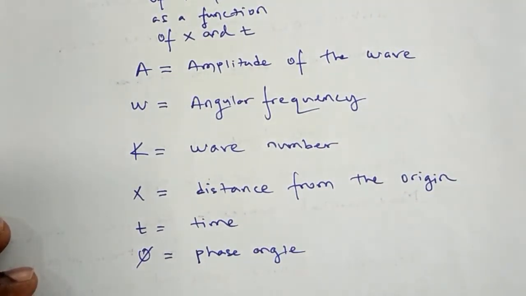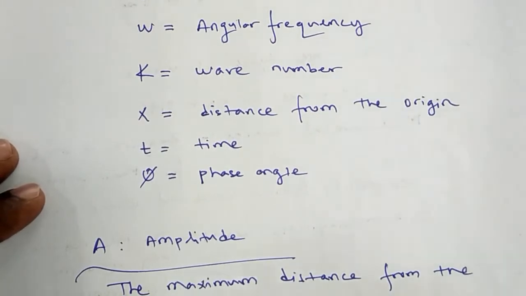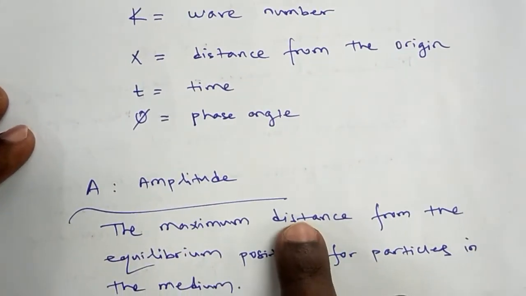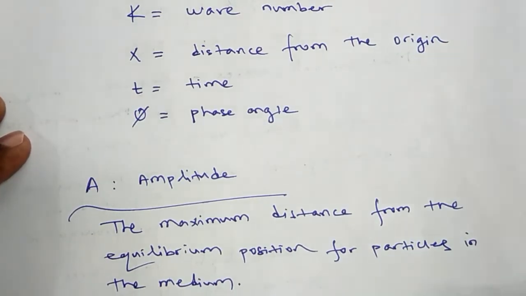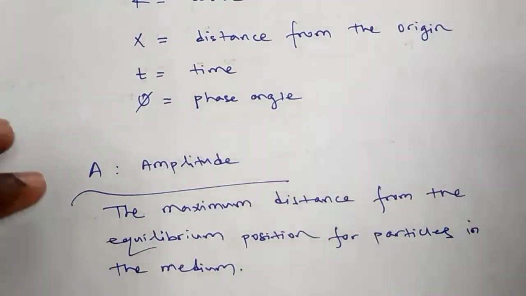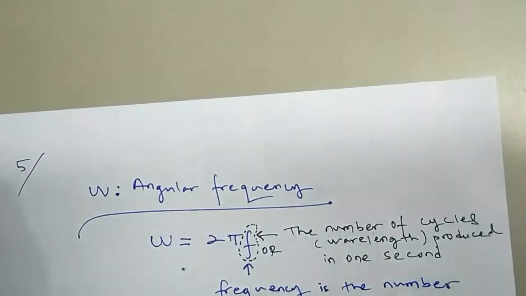Let us see the important definitions in this equation. We start with amplitude, which is the maximum distance from the equilibrium position for particles in the medium, followed by angular frequency.